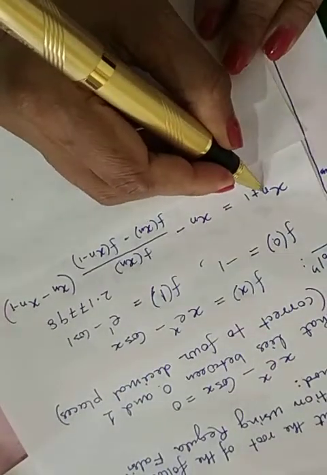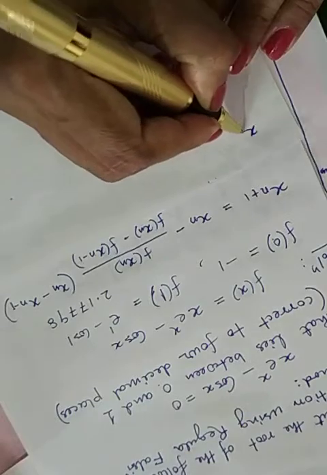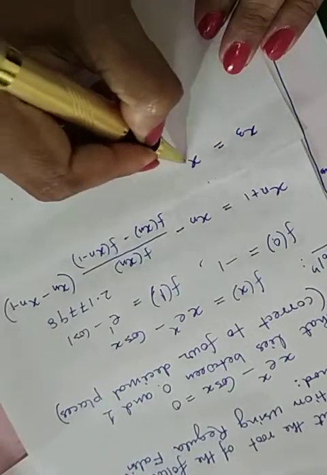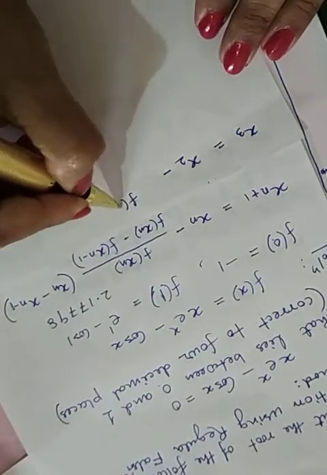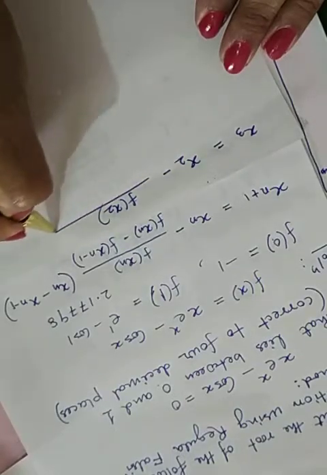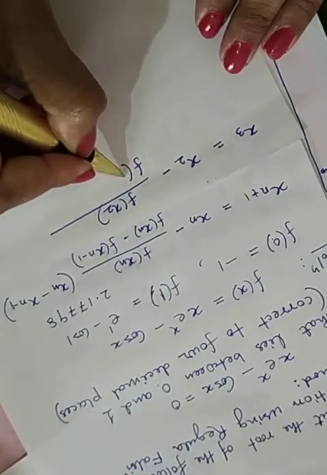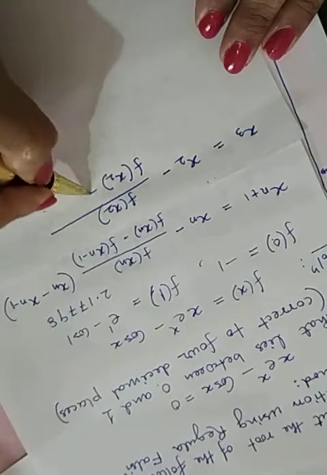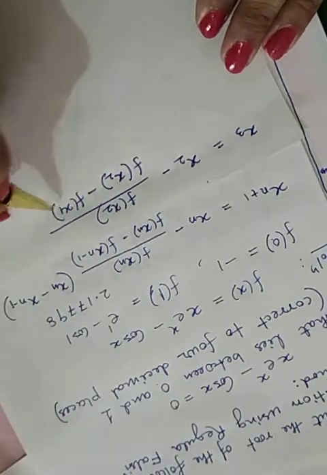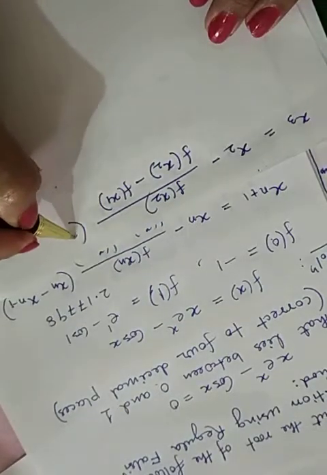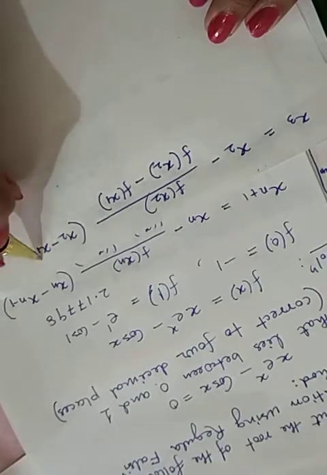So from the formula, if you put n equals 2 here, then you will get x3 as x2 minus f(x2) divided by f(x2) minus f(x1), multiplied by x2 minus x1.